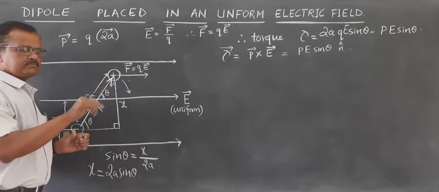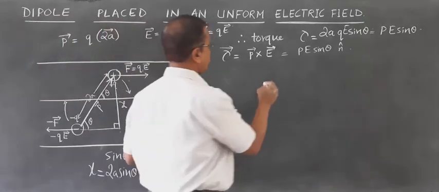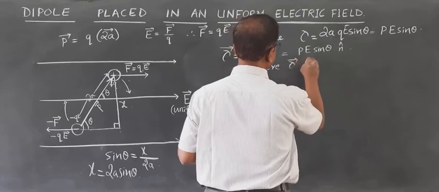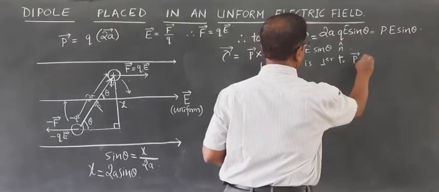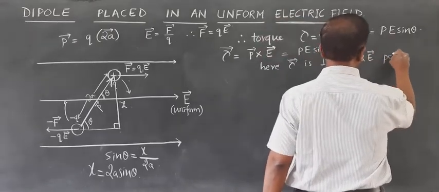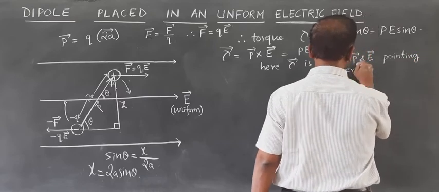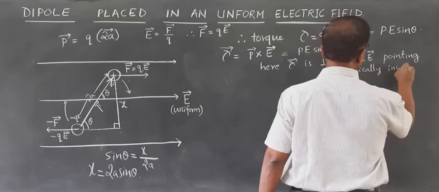The direction of torque is perpendicular to the plane of the board pointing inwards. So here torque tau is perpendicular to p and E and pointing vertically inwards.